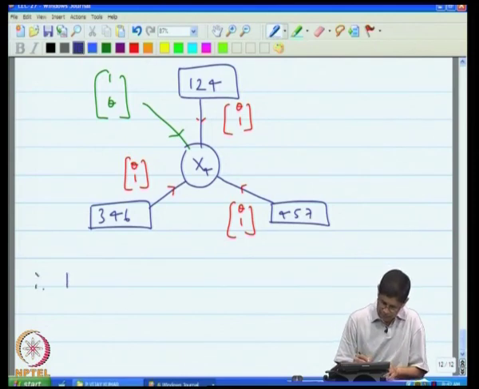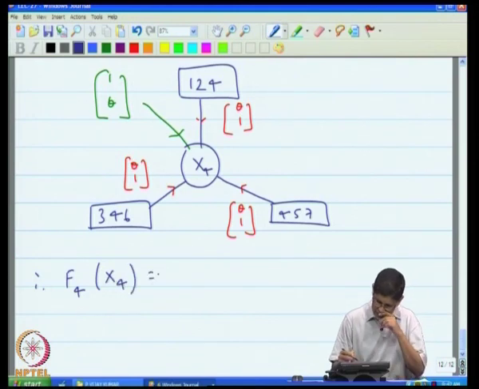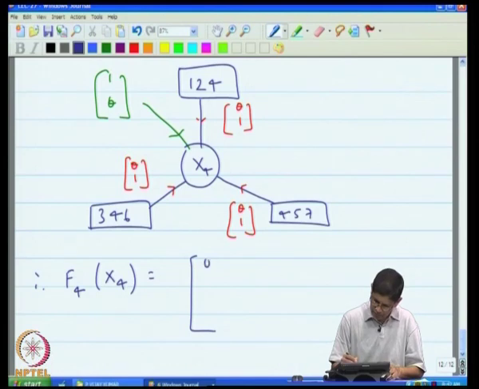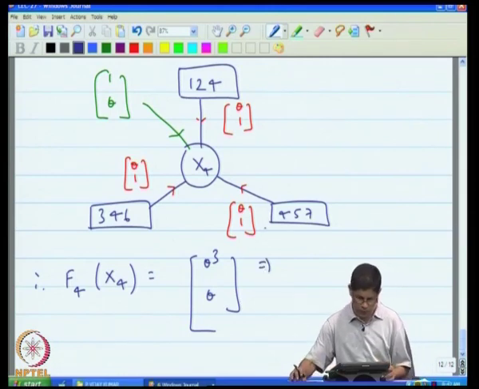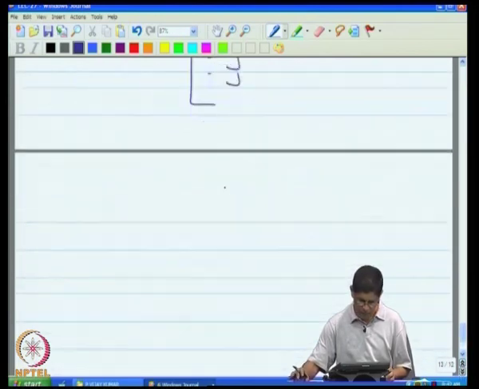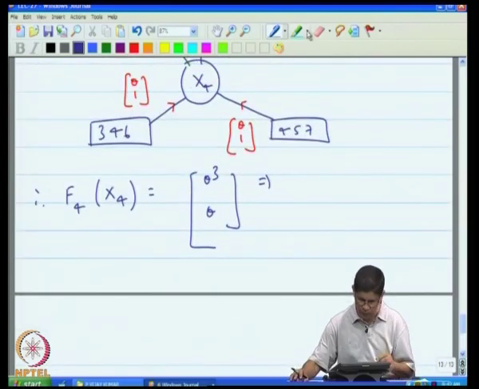Therefore, f 4 of x 4 is equal to the product of all 3, which will then be theta cubed and theta. So, therefore, since you compare in decoding, what you do is you compare between the two possibilities, the possibilities corresponding to 0 and 1.